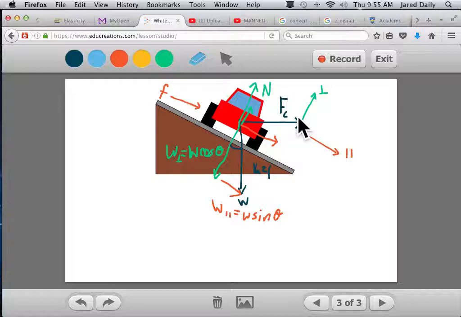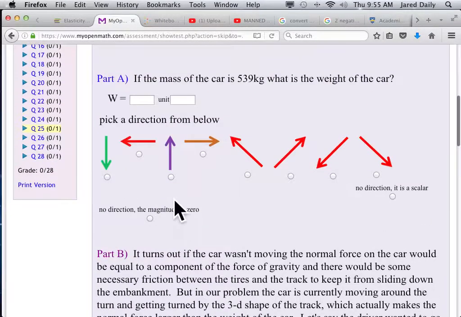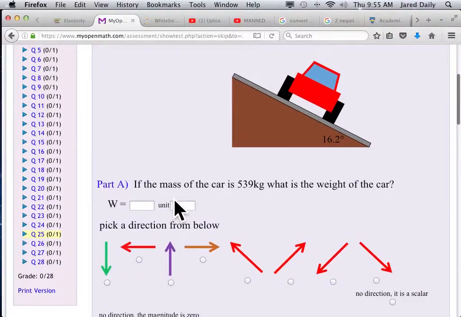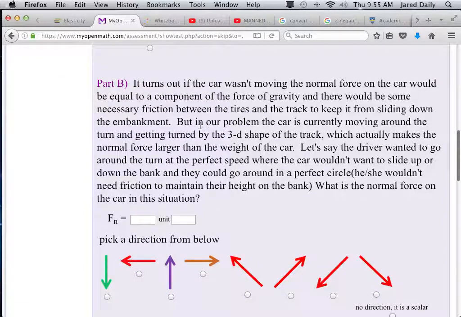And now that I'm looking at this problem, I'm thinking we probably should save it for next chapter, because it's just getting too much into the centripetal force. We need to wait on that. We could still do it, I think, but the second part of the question throws this out of the window for this class, because it says right here that it wants to do it at this certain speed.